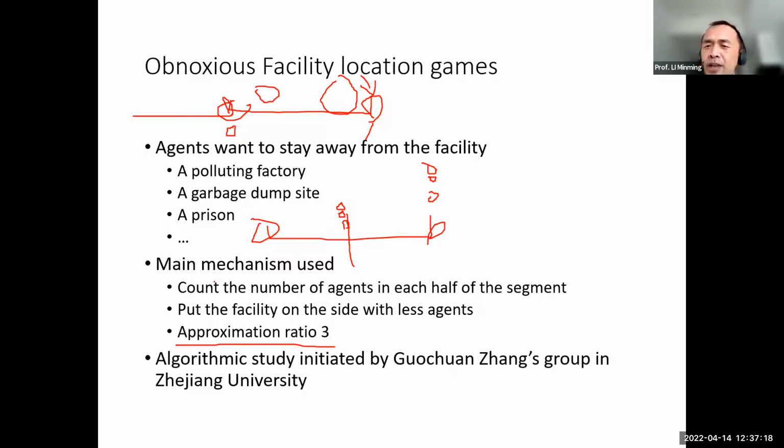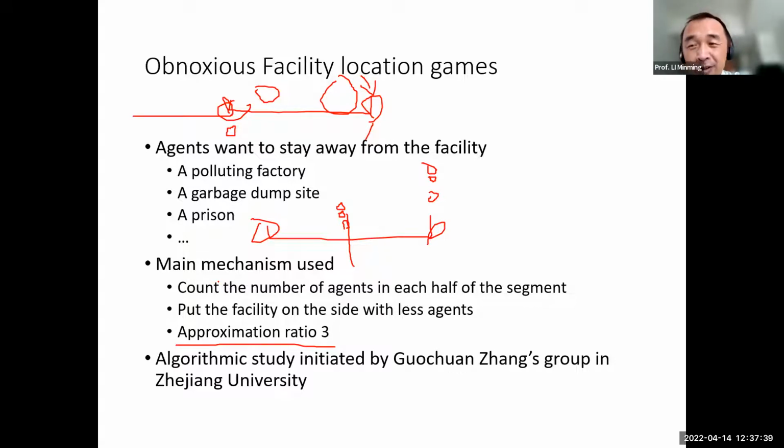And then you'll ask a very good question. If there are only 2 candidate locations, why not just enumerate? So I guess you mean, why not compute how good each solution is, and then choose the better solution, right? Well, of course you can do that, but that will not be strategy proof.